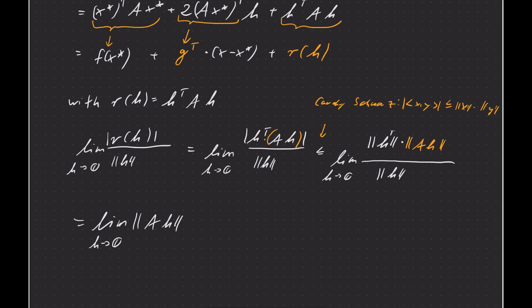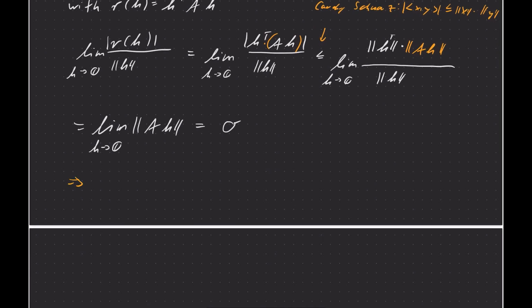And now whatever A is, as h tends to 0, A h will tend to 0 as well. And that means the norm will tend to 0. So what we get is exactly what we wanted. This remainder, this error term R, goes to 0 faster than h, the difference of x and x star, goes to 0.